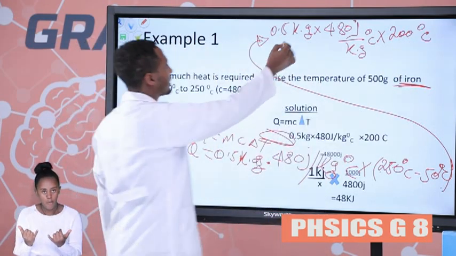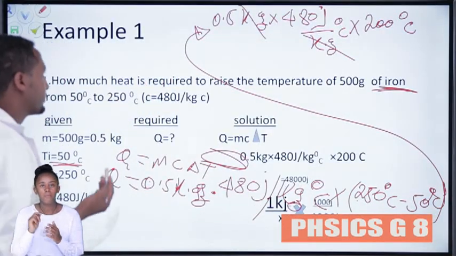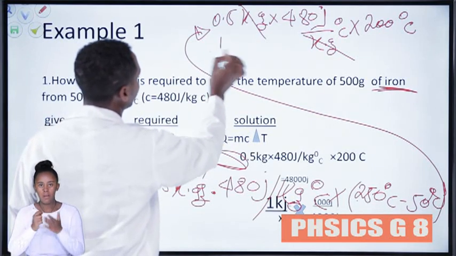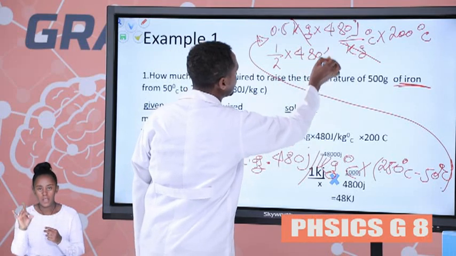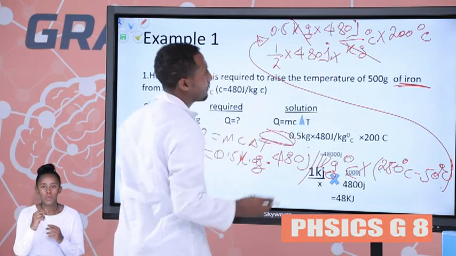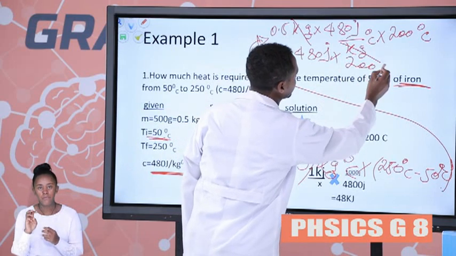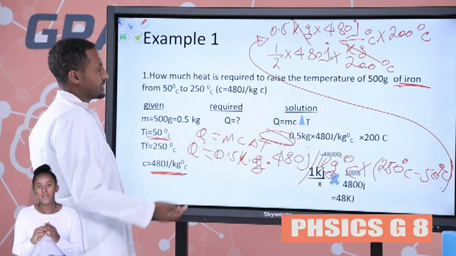Now kilogram cancels kilogram. 0.5 we can write as 1 over 2, times 480 joule times 200 degrees Celsius.